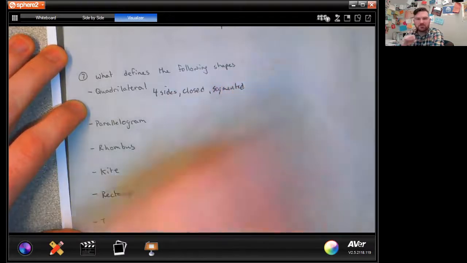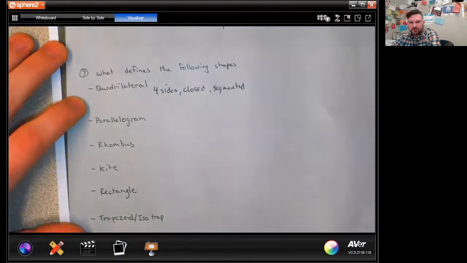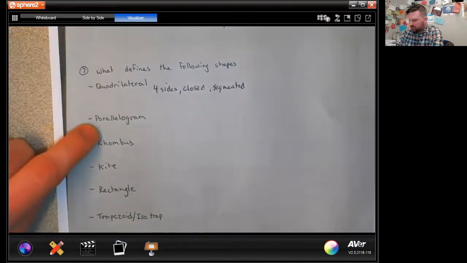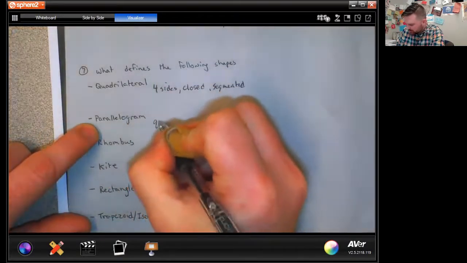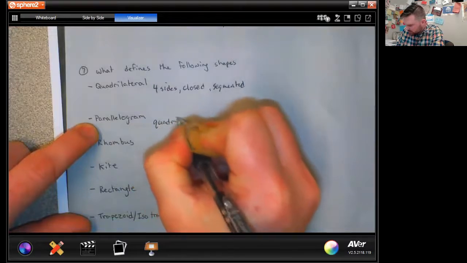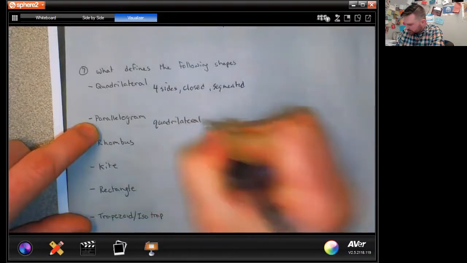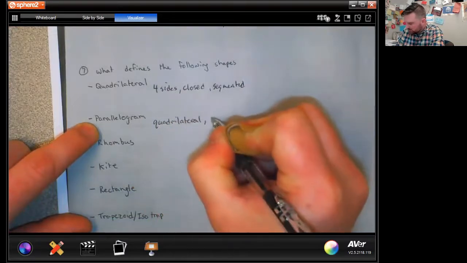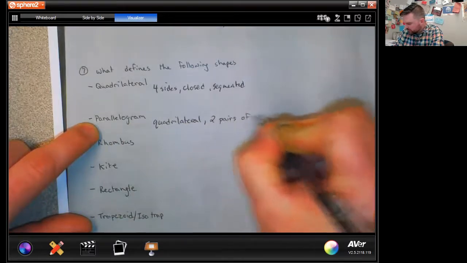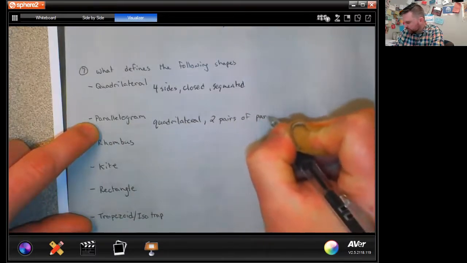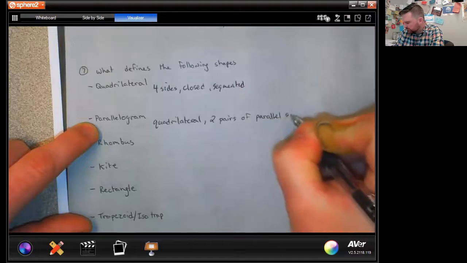Remember, segmented just meant straight sides. Okay, what makes a parallelogram? Well, a parallelogram is a quadrilateral, so we'll say quadrilateral. And it has 2 pairs of parallel sides.